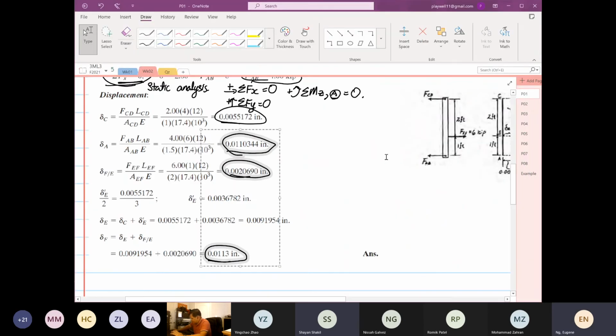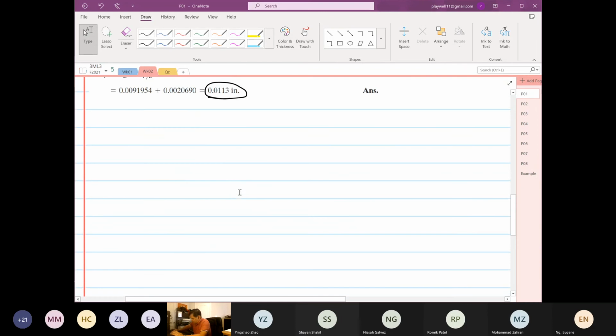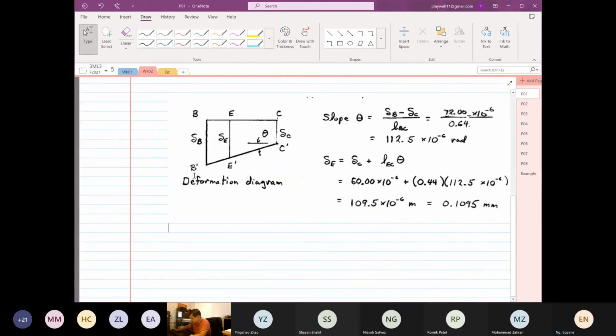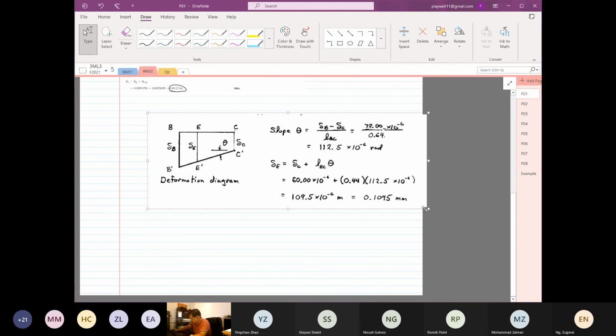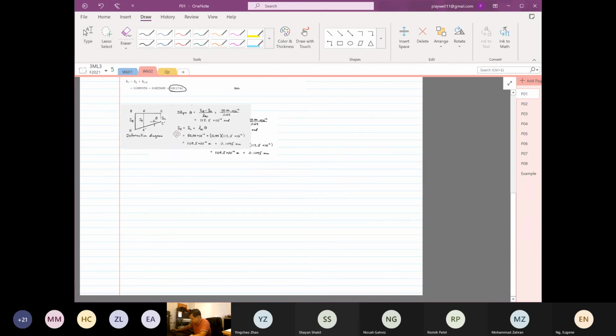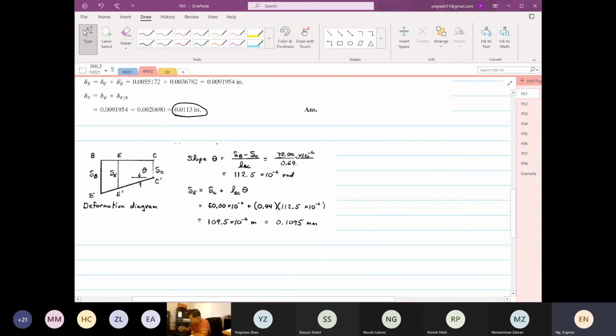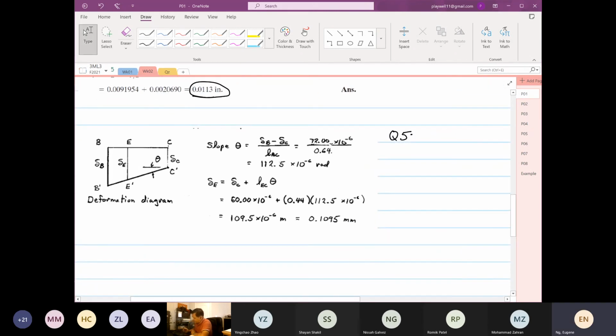Okay. So let me quickly look. So this is regarding question number 5. Right. So I will not need to calculate the slope.